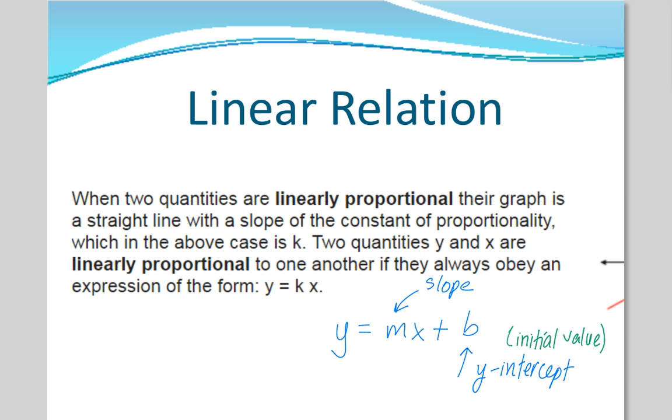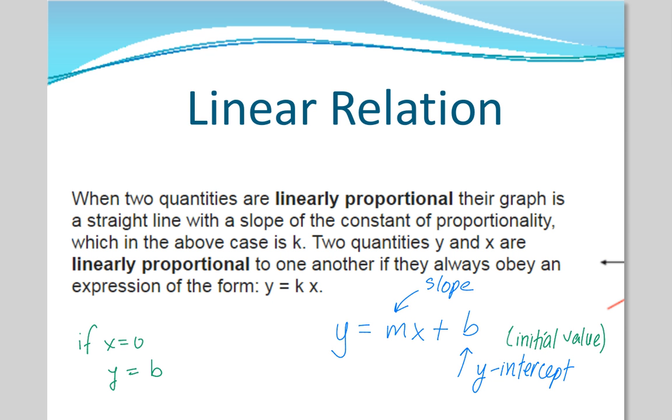What happens when x is 0? y equals, if x is 0, y equals, just yell it out, b. Because m times 0 is 0 plus b, y equals b. So if x is 0, that's your starting point. That's like an initial value.